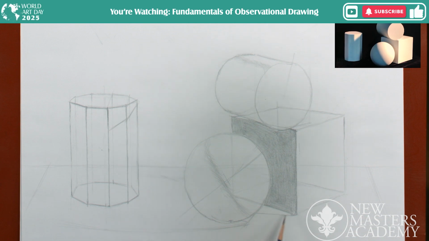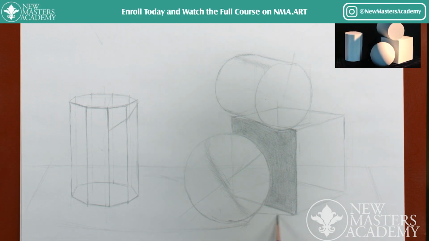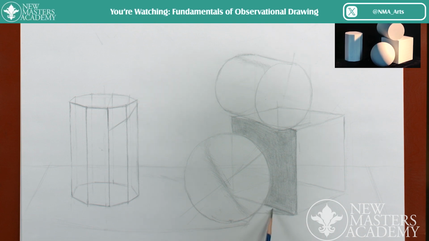And then remember that our cast shadows have to be a darker value than our core shadows. Now, in front of us, that's very obvious, but a part of that comes from the fact that the objects are on a black piece of cloth. So the color is affecting the tone.